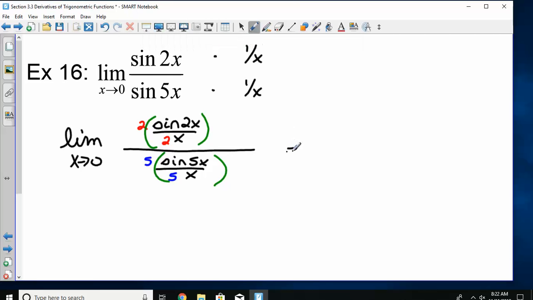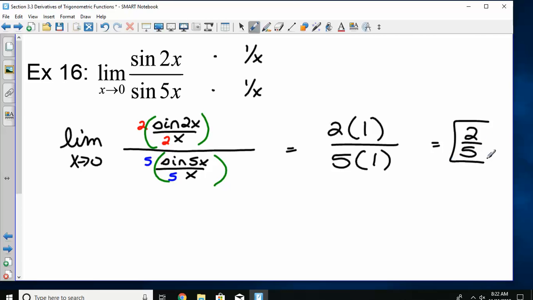If we evaluate, on the top, we have 2 times the sine of 2x over 2x, which goes to 1. On the bottom, we have 5 times sine of 5x over 5x, which goes to 1. And we get 2/5.